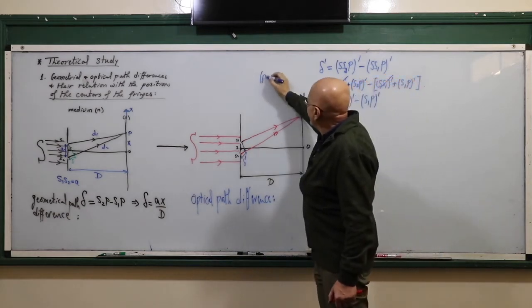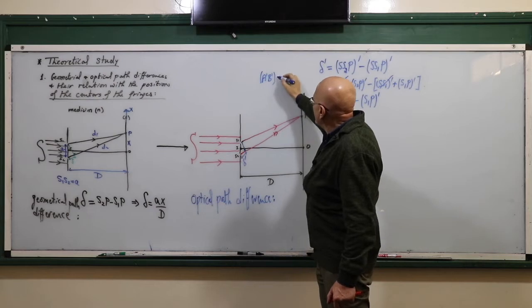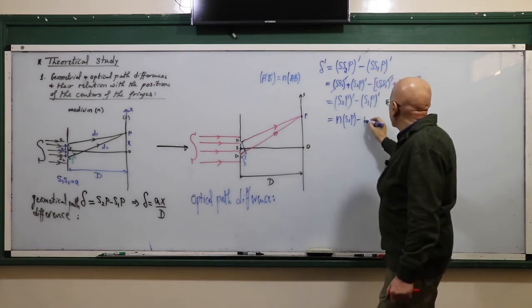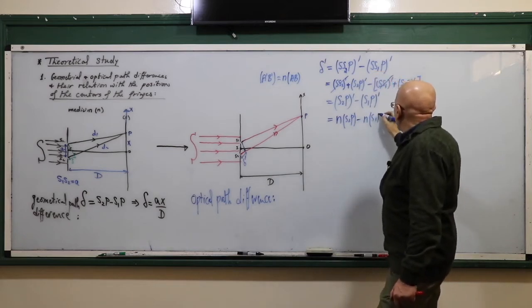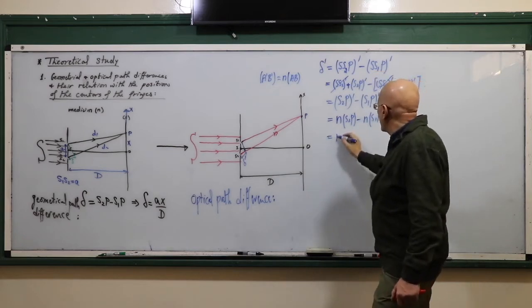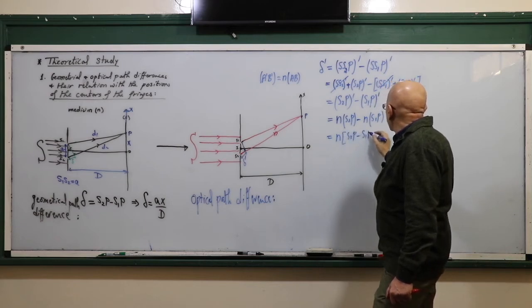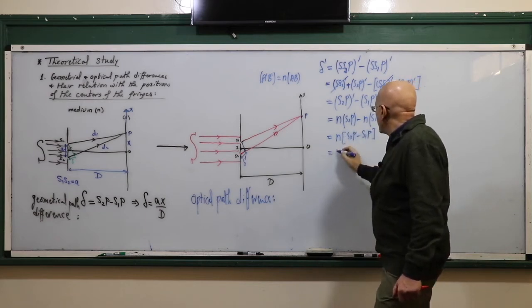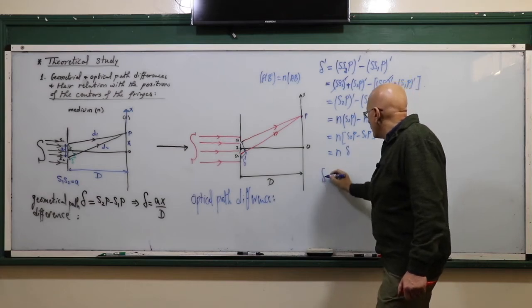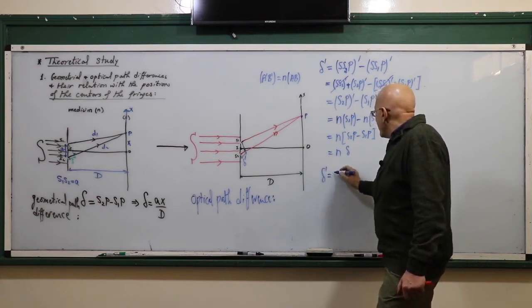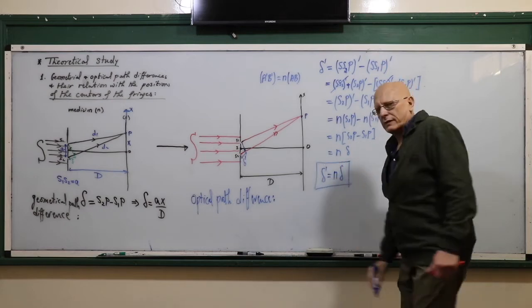We said at the beginning of the chapter that the optical path is equal to N times the geometrical path, minus N times S1P. Take N common, so you get S2P minus S1P, which is equal to N delta. So the optical path difference is equal to N times the geometrical path difference, okay?